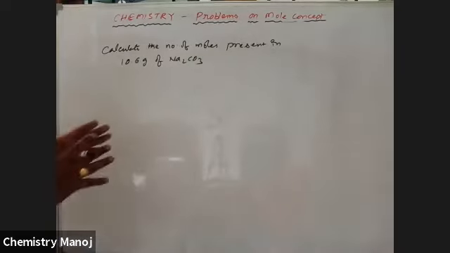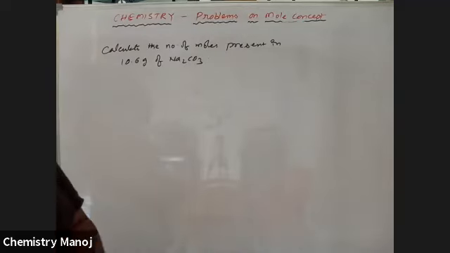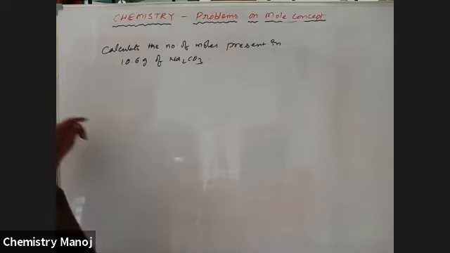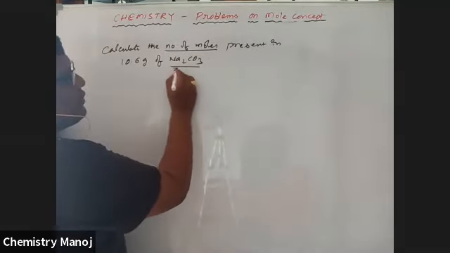So first, from the simple one, we are going towards some difficult ones. It is the simplest one. So you want to calculate the number of moles of this particular substance.